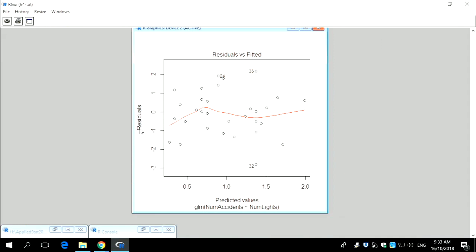Firstly, we have these residuals instead of the Pearson residuals, right? And secondly, it's actually a residuals versus fitted value plot. So what's the fitted value? The fitted value I have already mentioned basically is the estimated mean of response in the log linear regression model. So it's actually something similar to the multiple linear regression model, but we haven't talked about it in the generalized linear model. But you can still do that in the generalized linear model. It's not a problem.